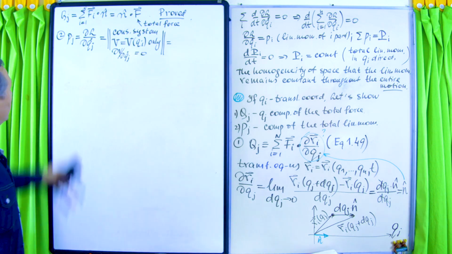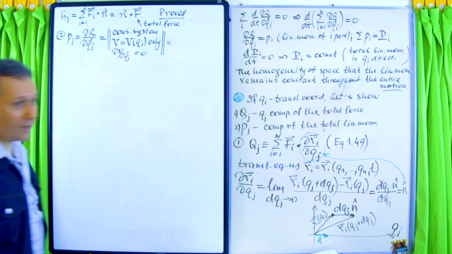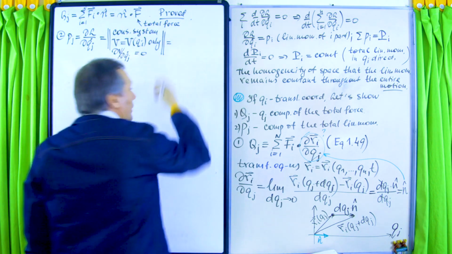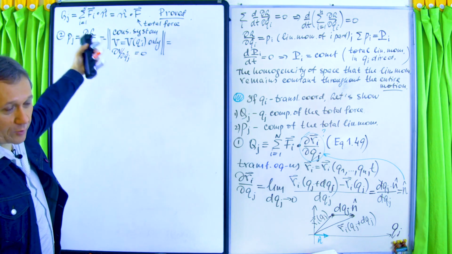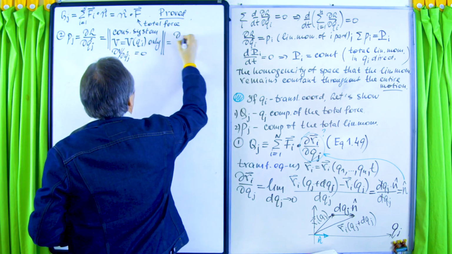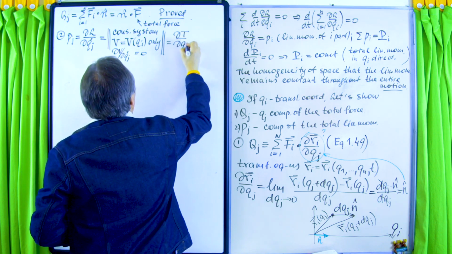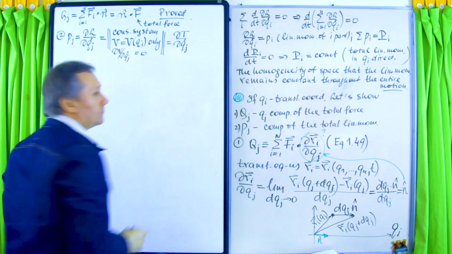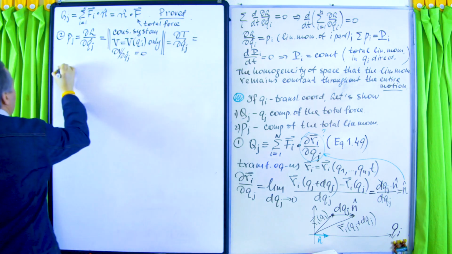As a result, I can write this as partial derivative of T, where T is the total kinetic energy of the system, because we're talking about the Lagrangian, which describes the total system. It will be equal to the partial derivative of T with respect to Qj dot. Now let's write down the kinetic energy explicitly.